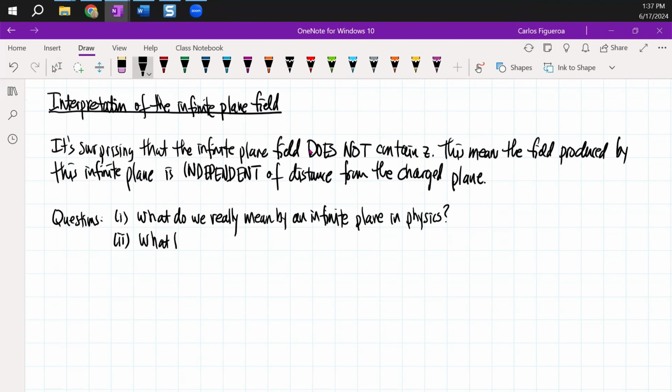What happens to Coulomb's law that states fields are position dependent?